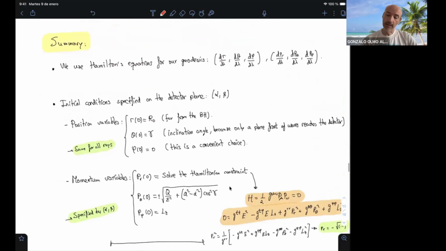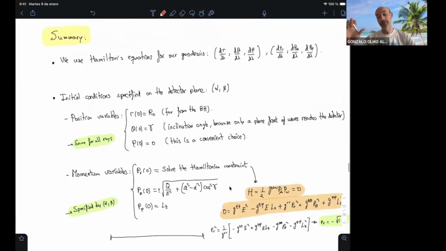This is here. This is a summary of what we have, okay? So we had Hamilton's equations for the geodesics, okay? So this means that we have 3 equations for the position coordinates, 3 equations for the momentum coordinates, okay? And we need to integrate each geodesic, so we need initial conditions for these equations, okay?